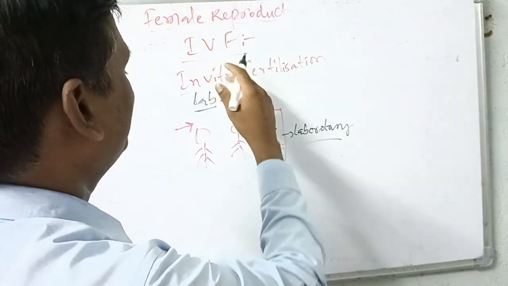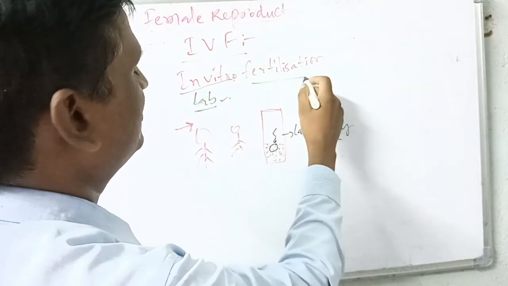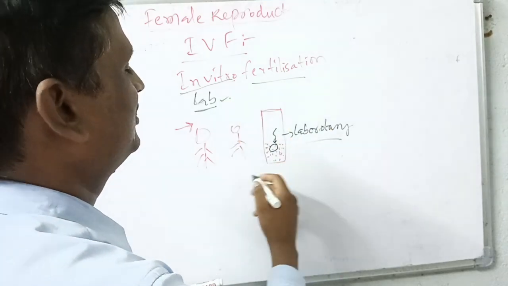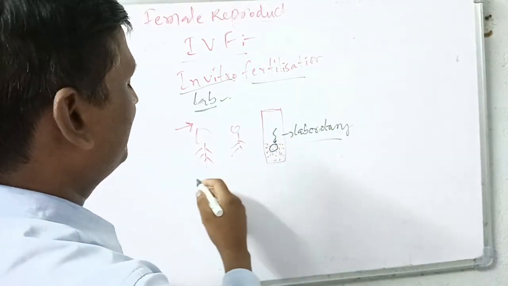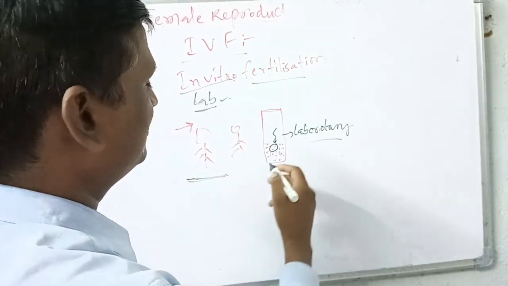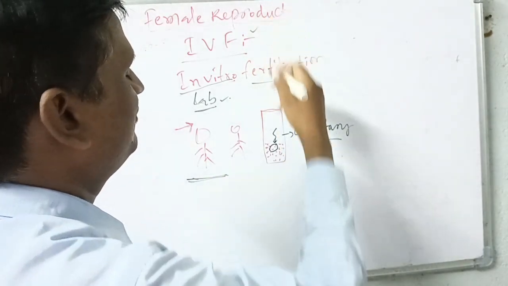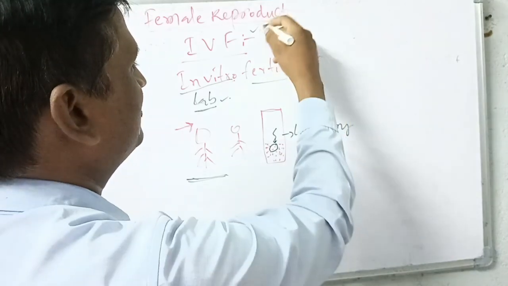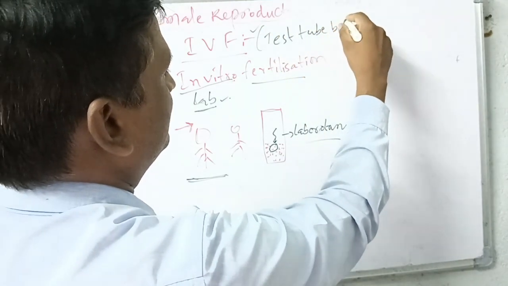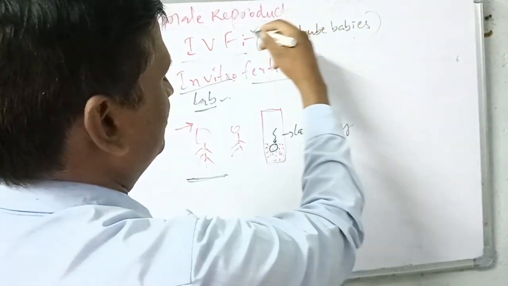The meaning of IVF is in vitro fertilization. In vitro means the process occurs in the lab. So people who do not have children for many years generally go for IVF, in vitro fertilization, or test tube babies. We can also call them test tube babies. What does test tube baby mean?